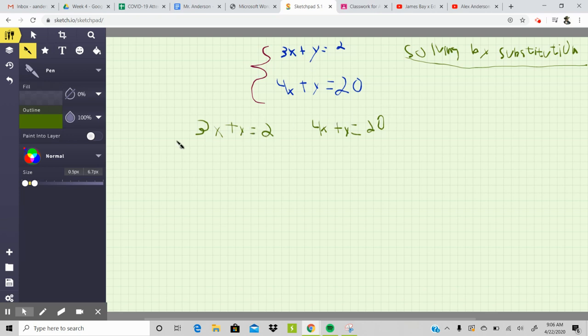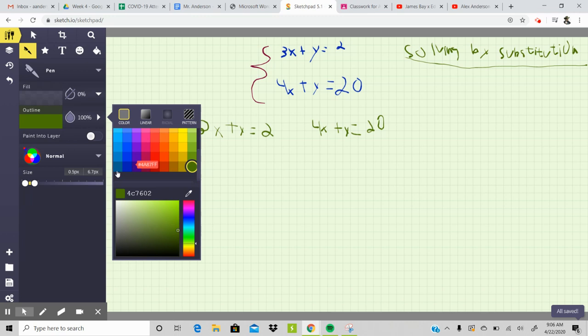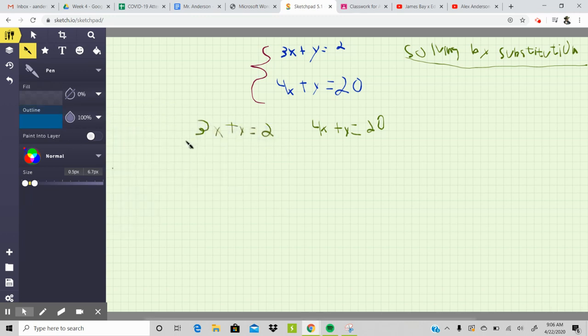Okay, so I can pick either of these equations to solve for y, or get y all by itself. And I'm just going to pick the first one right here. I could pick either one, it would not matter. It would still work. So to get y by itself right here, I'm going to subtract 3x from both sides.